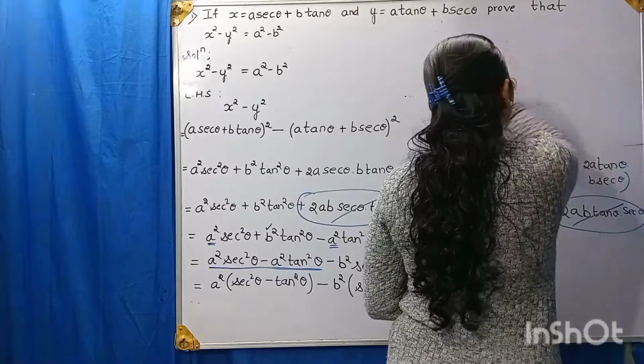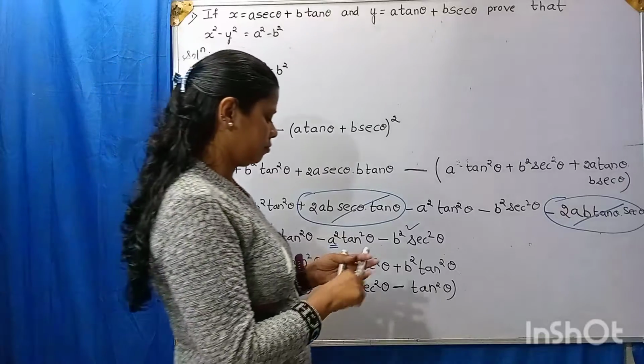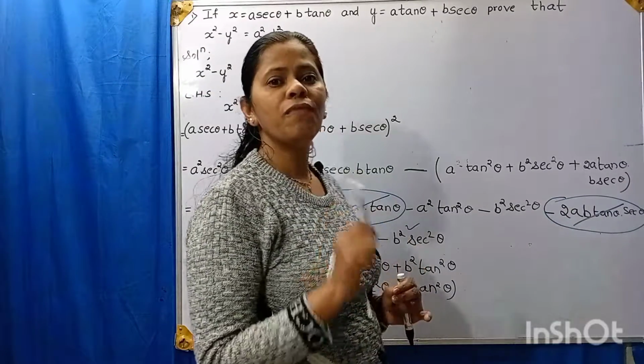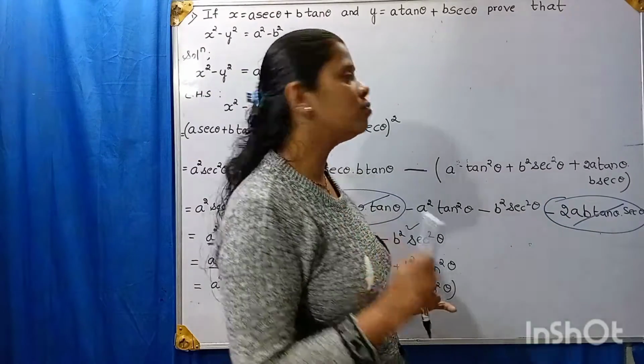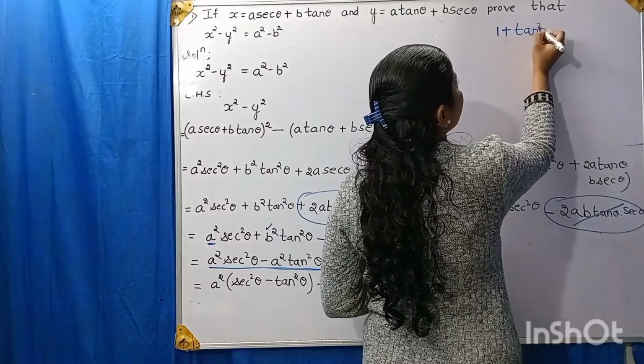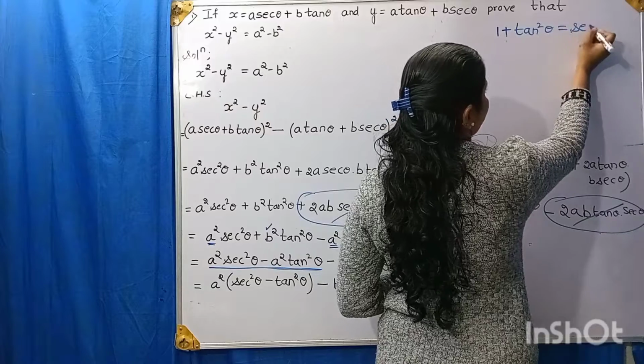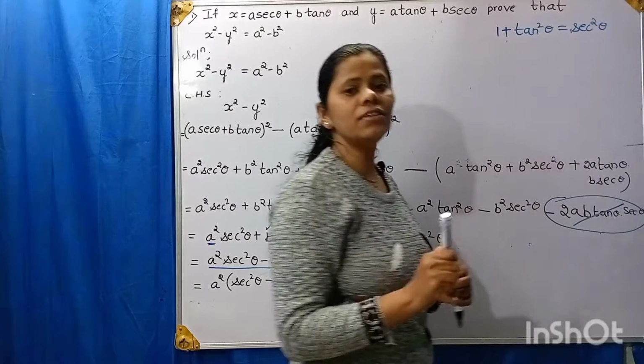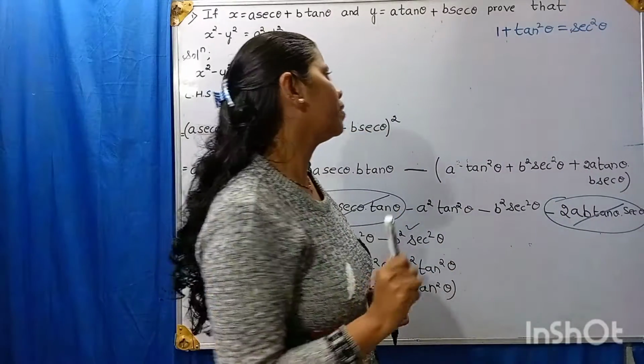See here, 1 plus tan square theta is equal to secant square theta, right? That is the standard formula of trigonometry.